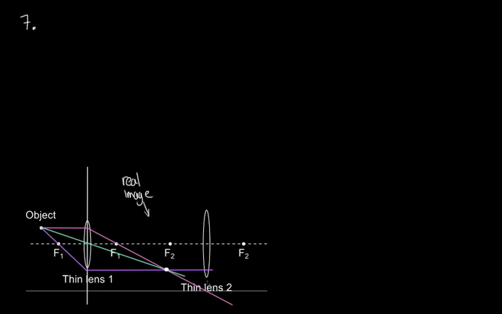So what we need to do is start by drawing our line right through the middle of lens 2. This needs to be 90 degrees, make sure that's accurate. And now we draw our principal rays. So the first principal ray travels parallel to the principal axis, and then when it gets to the lens, it's refracted up through this focal point.